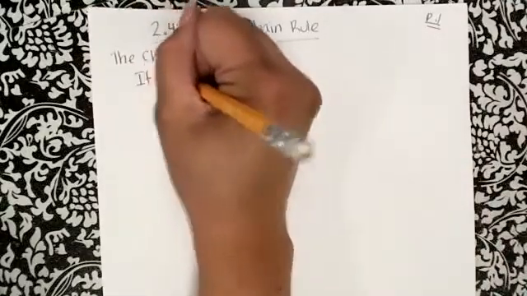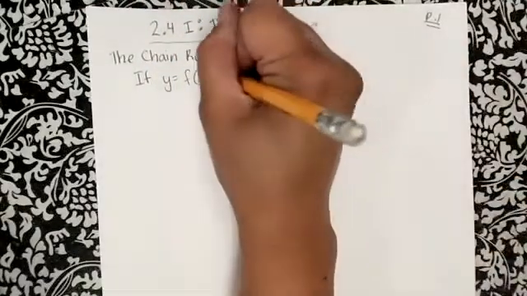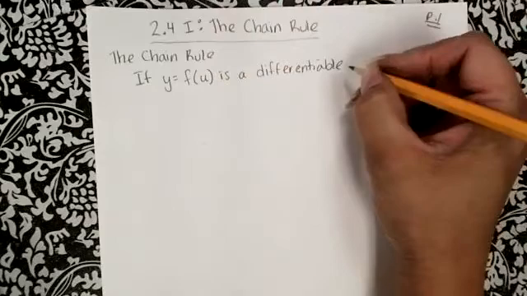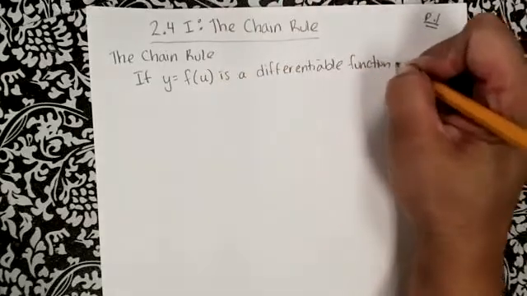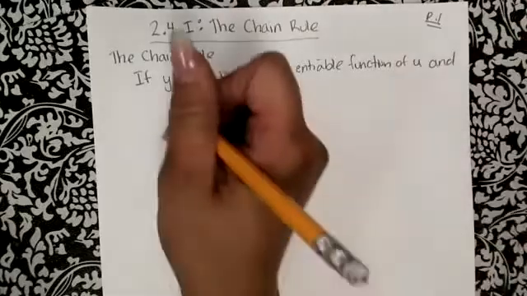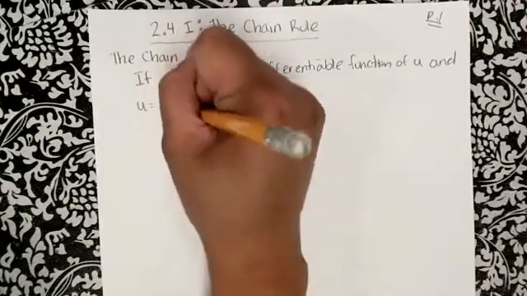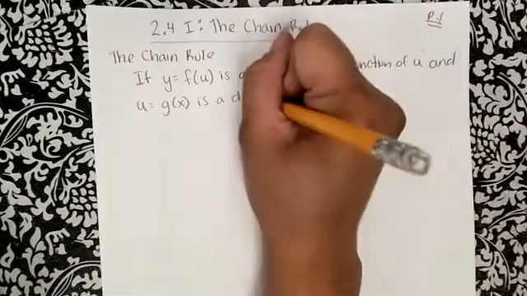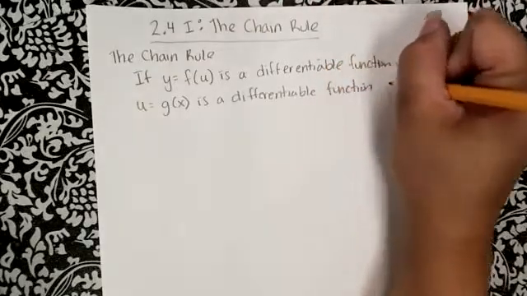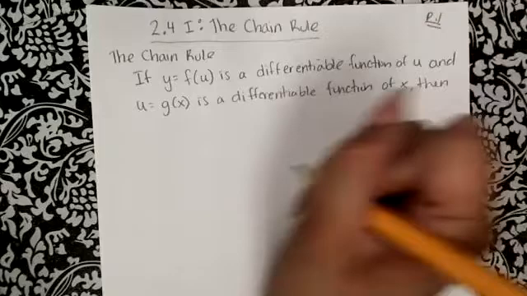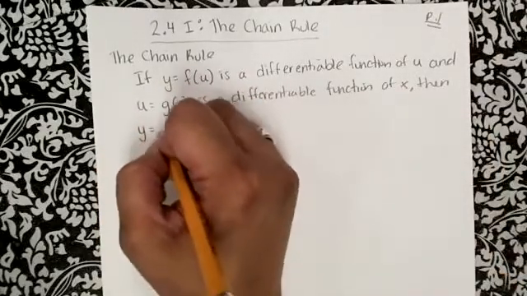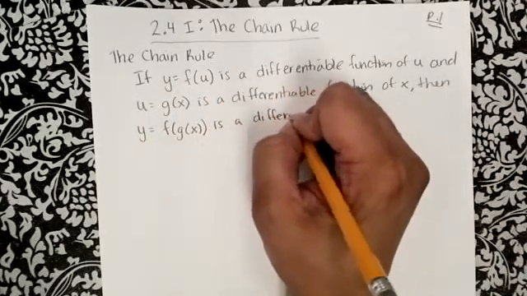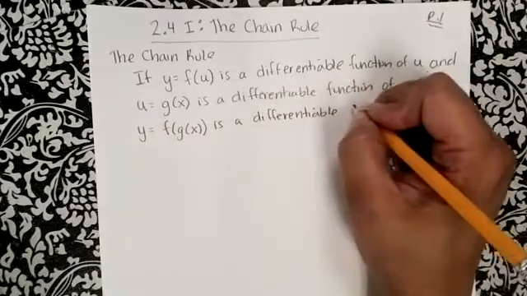If y equals f of u is a differentiable function of u, and u is equal to g of x is a differentiable function of x, then y equals f of g of x is a differentiable function of x.